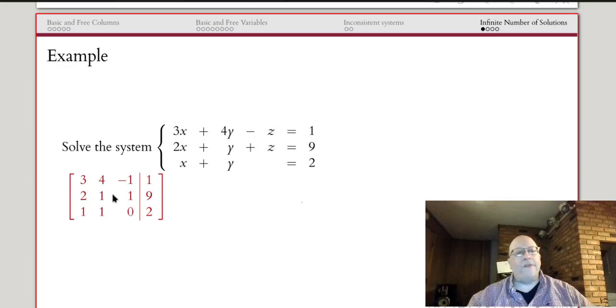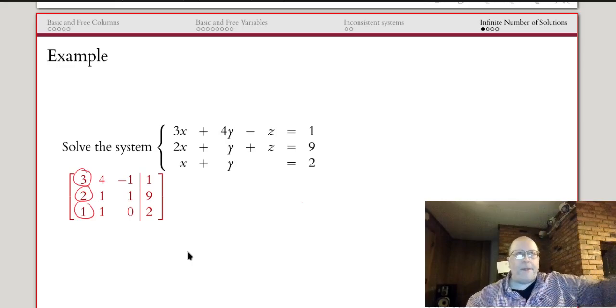Once again, it's not in echelon form because all of my leading entries are vertical. They need to be left to right. So I'll first cancel out the 2 and cancel out the 1. So push those leading entries a column over. Let's take a look at what happens.